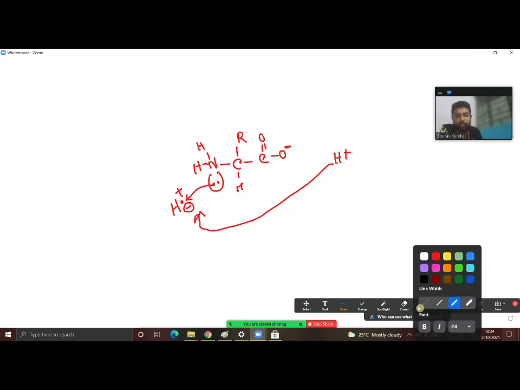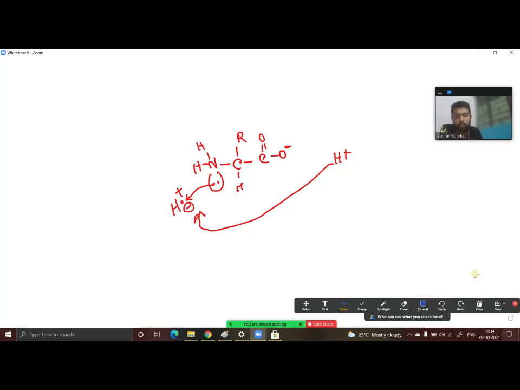So negative, positive. This positive charge and this negative charge will oppose each other, so hydrogen will be neutral, having one electron. Since they oppose each other, we will not put any charge on this hydrogen.